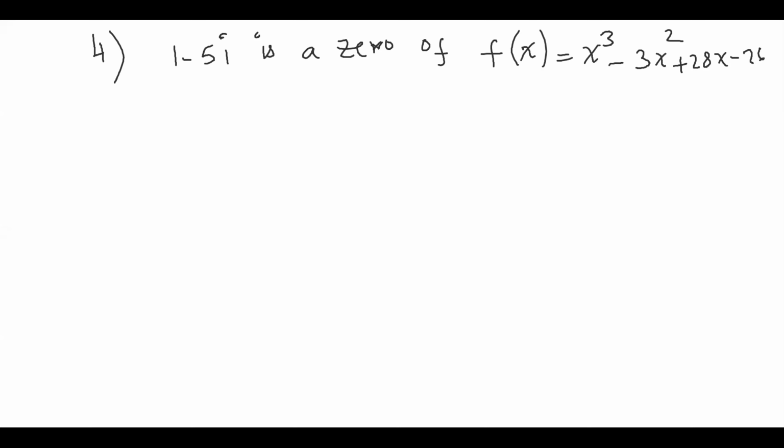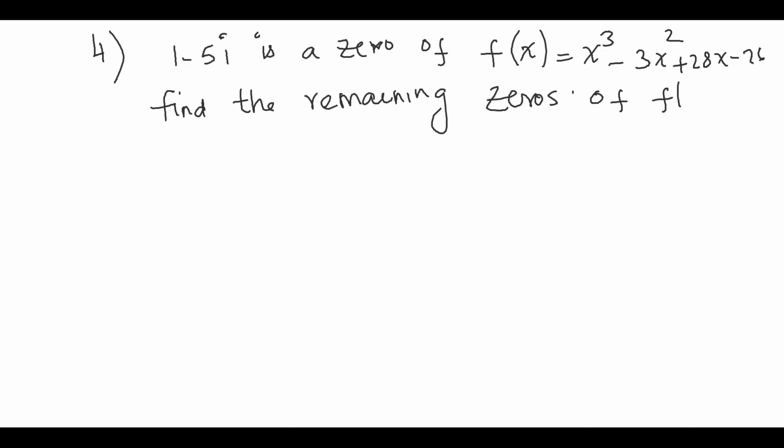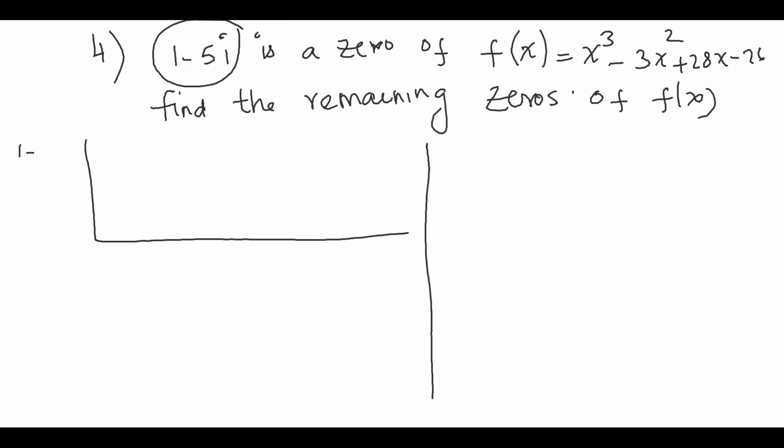Now we have to find the remaining zeros. So since 1 minus 5i is given as a 0, we are going to divide by 1 minus 5i first. So write all the coefficients here.